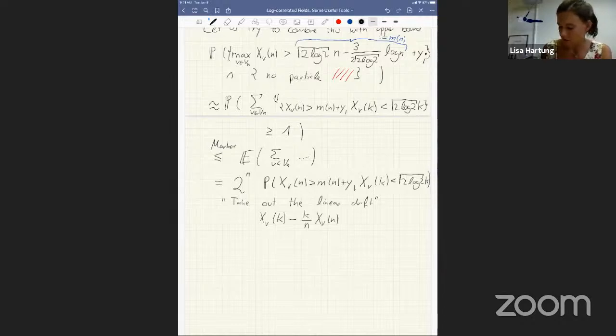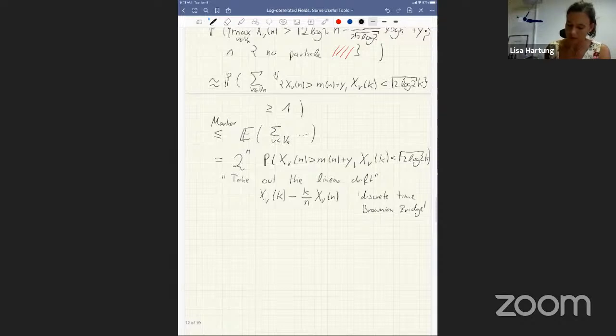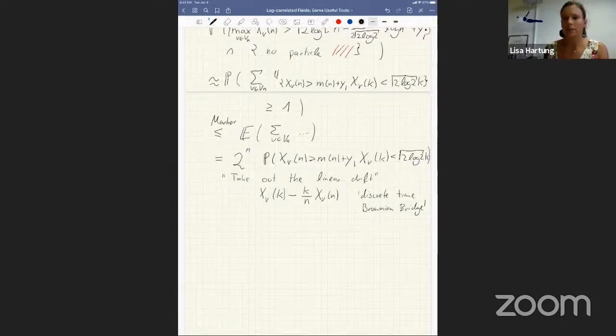This is now a discrete time Brownian bridge. And in particular, a discrete time Brownian bridge is independent of the endpoint.